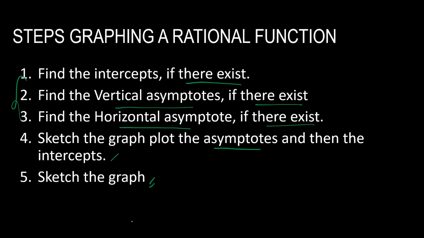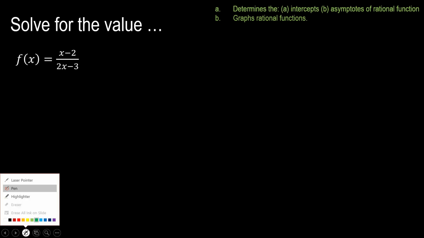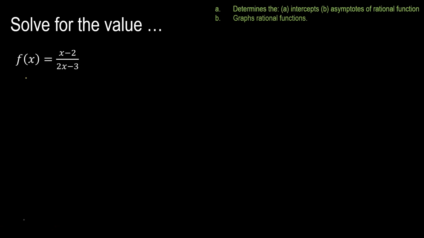Okay, now let me give you an example on how we're going to graph our rational function. Okay, so given that f of x is equal to x minus 2 all over 2x minus 3. Okay, so the first thing that we're going to do is to get the x-intercept.